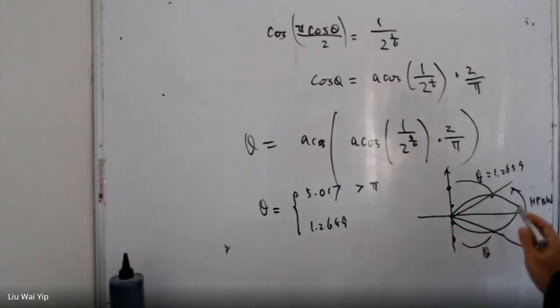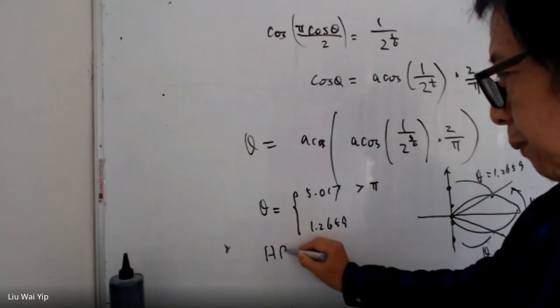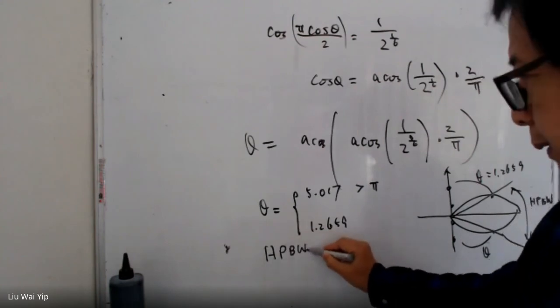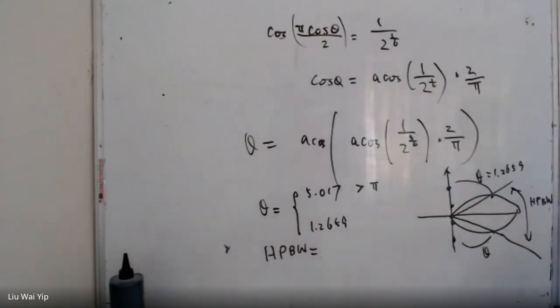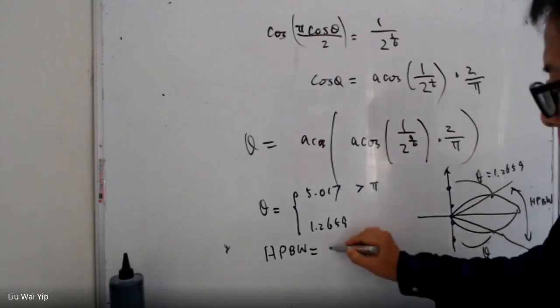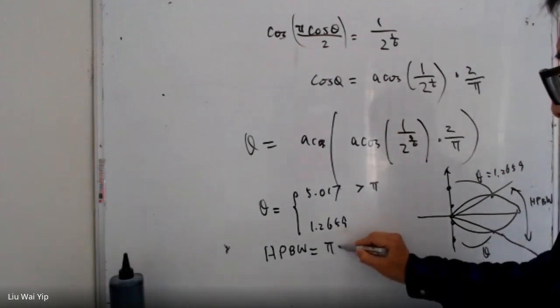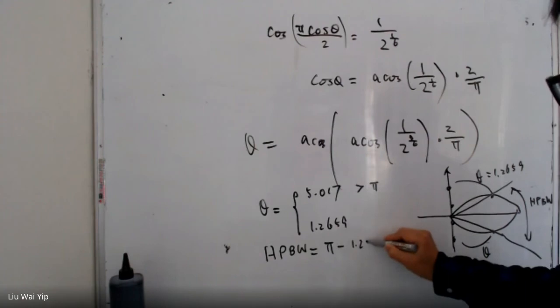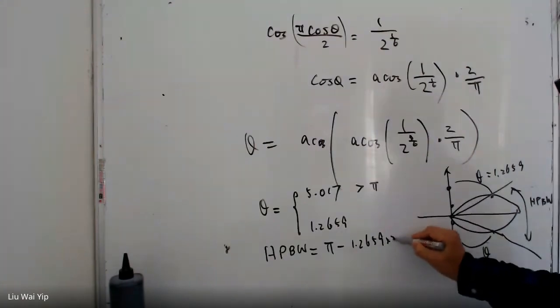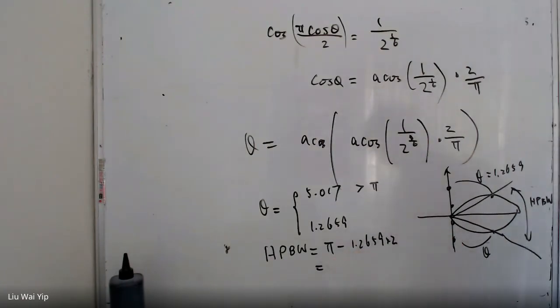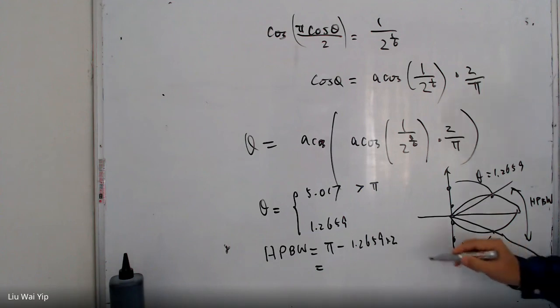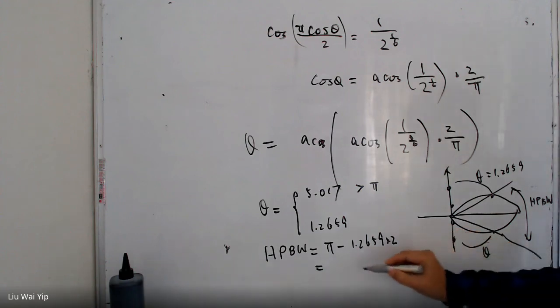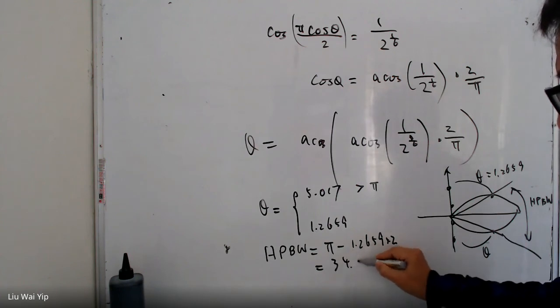Based on the information here, the half power beamwidth is going to be pi minus 1.269, times 2. So what I get is 34.9 degrees.